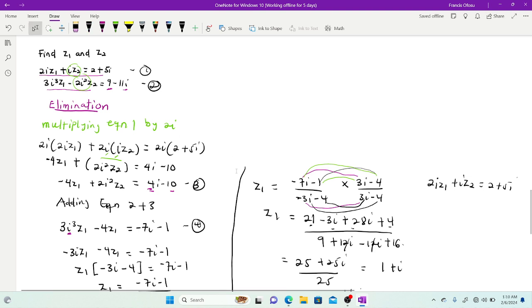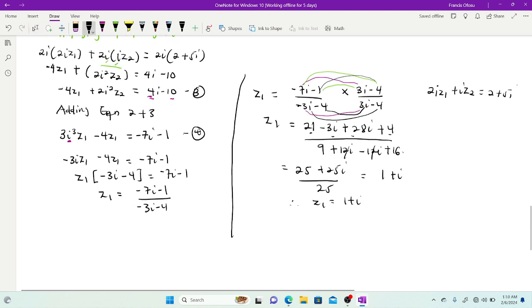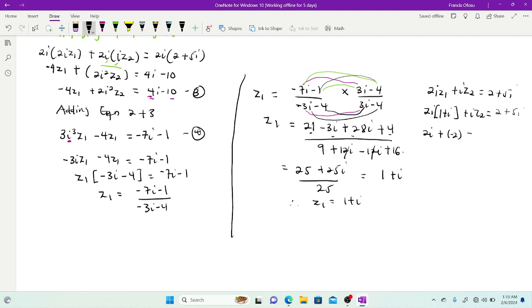So from this equation, I can find my corresponding Z2, so that 2i will come out. My Z1 is 1 plus i. At this point, 2i multiplies 1, 2i plus i times i is negative, so plus negative 2 plus iZ2 is equal to 2 plus 5i.